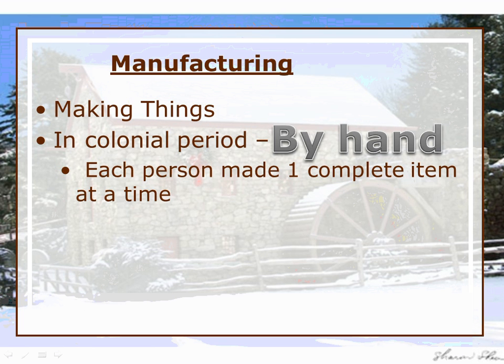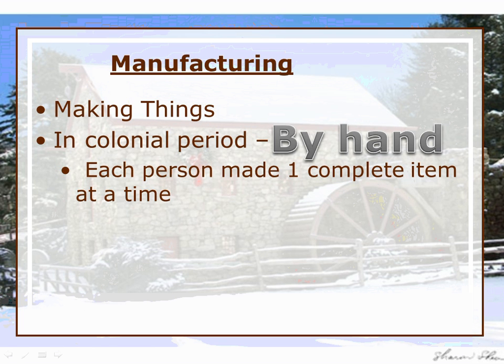One whole item at a time. It wasn't like, okay, I'll make all the wheels, you make all the seats, Joey next door will make all the harnesses. No, you make it all.